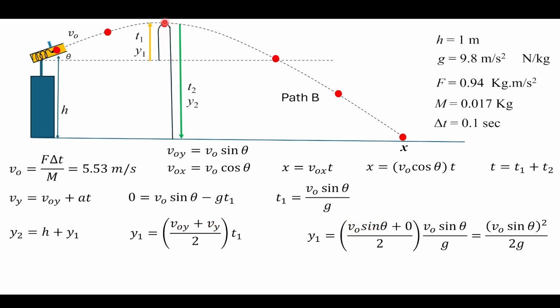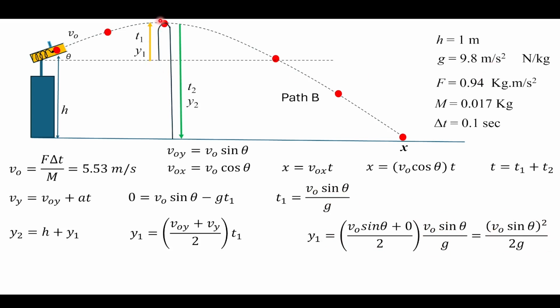So at that instant of time, the velocity will be 0, so vy will be 0. Divided by 2, so this is the average velocity for the ball traveling upward, multiplied by t1. And t1, we just found it here. So it is the average velocity here, multiplied by this quantity, and y1 will be this value.